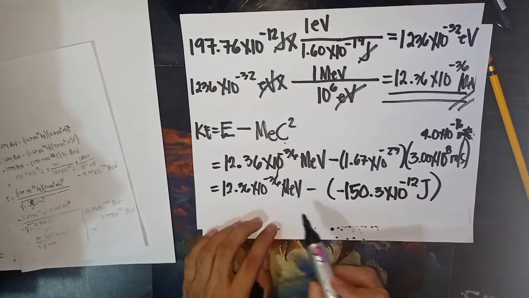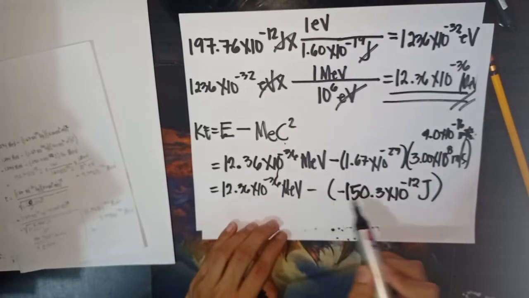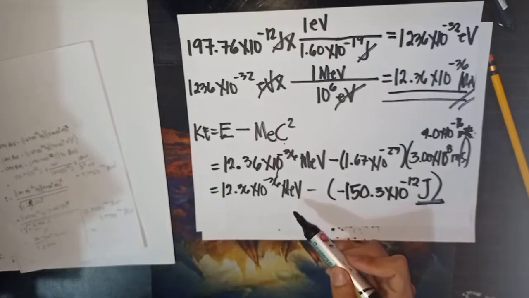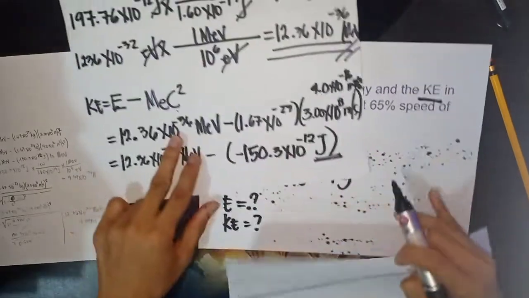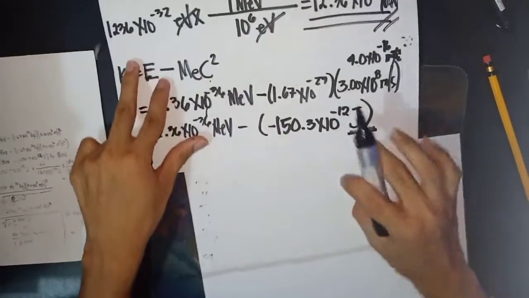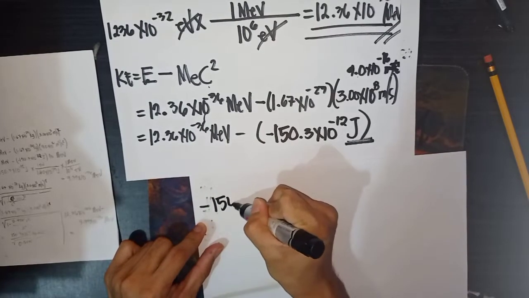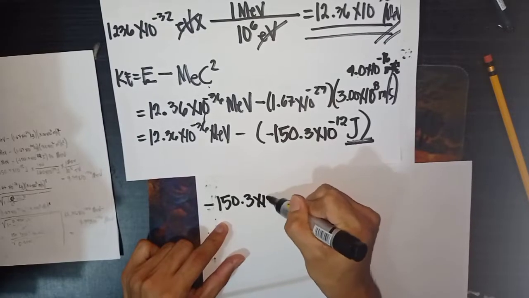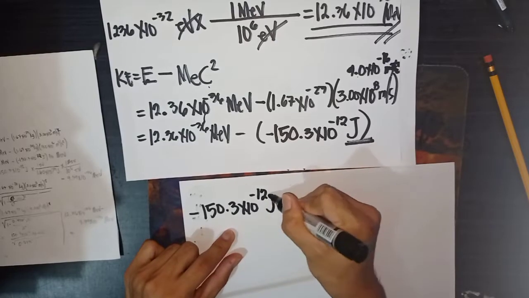In order for us to subtract these two, let's first convert joules to MeV. We have negative 150.3 times 10 raised to the power of negative 12 joules.